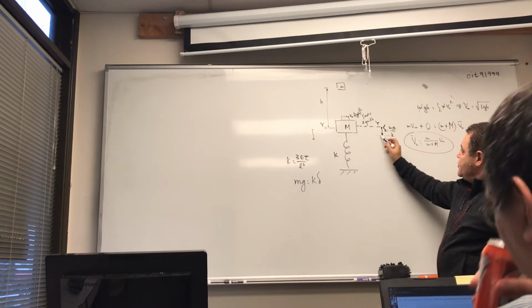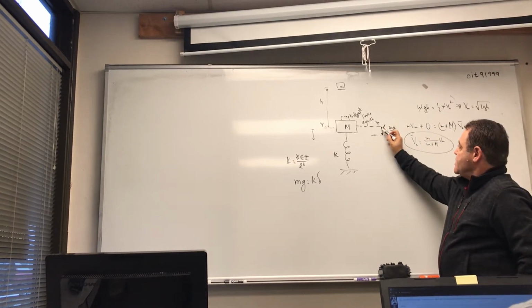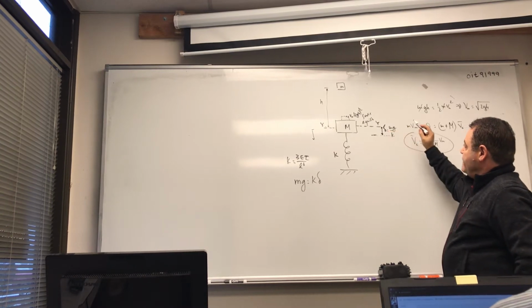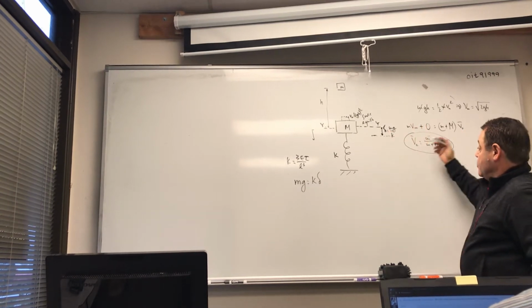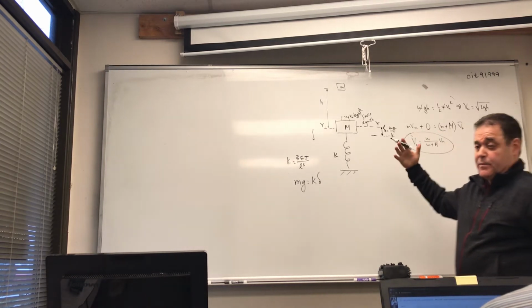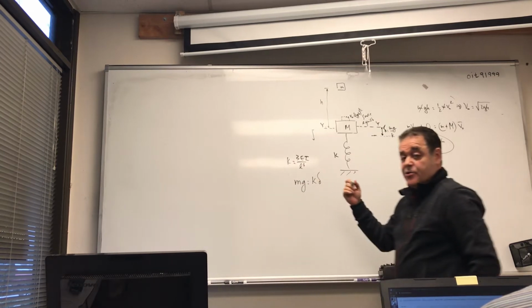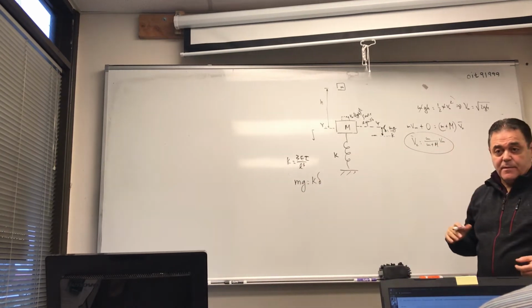Now, based on this new equilibrium position, it's second order stuff. We know what the mass is. What are we missing from the equation? The initial conditions. So what are the initial conditions of the combined mass?